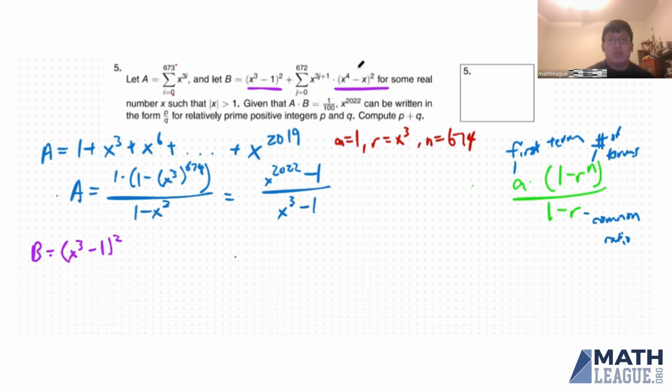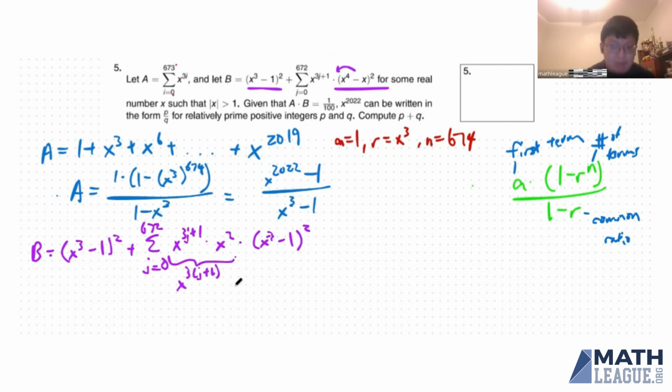So what we can do is pull out an x squared from that. So we can turn this summation into the summation from j equals 0 to 672 of x to the 3j plus 1 times x squared times x cubed minus 1 quantity squared. Well, x to the 3j plus 1 times x squared is x to the 3j plus 3, which is x to the 3 times the quantity j plus 1.